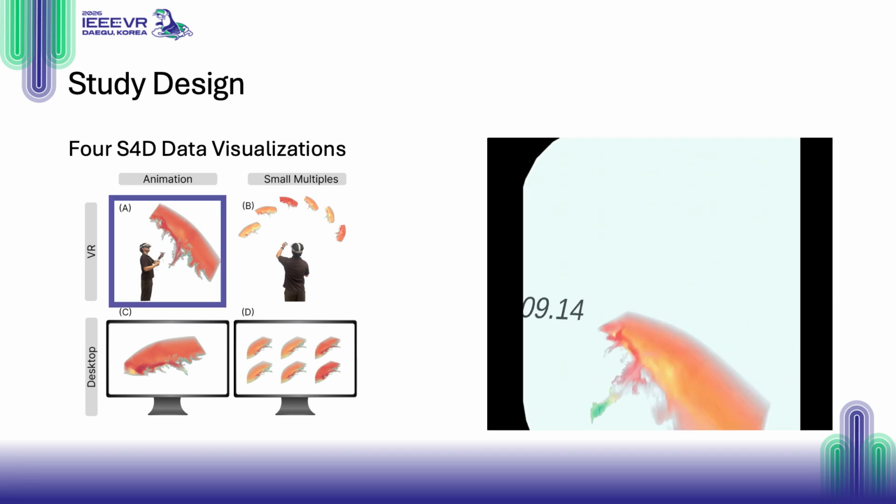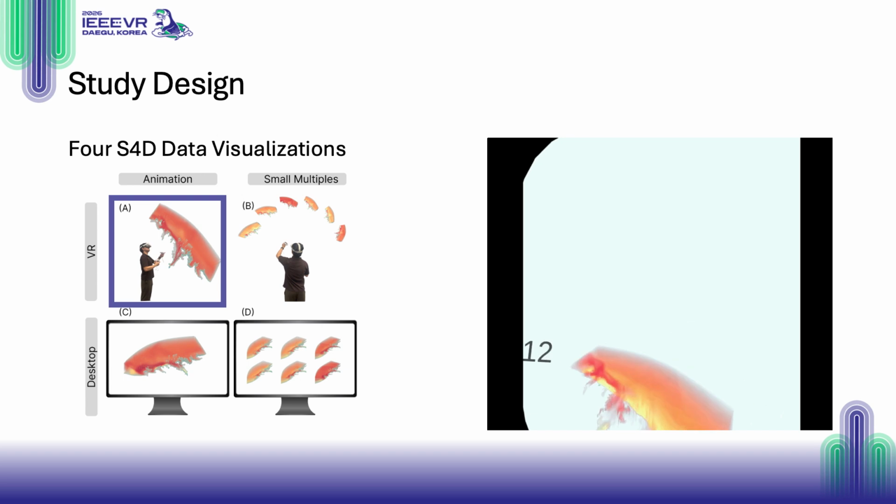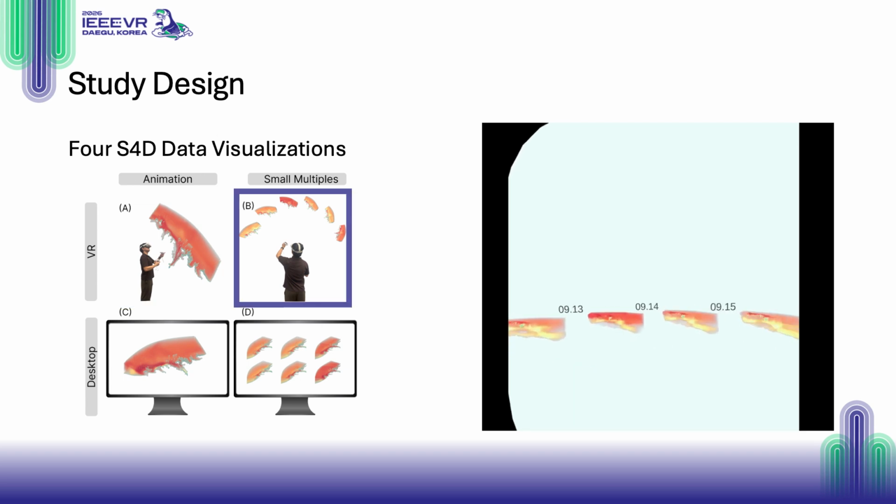For VR animation, all S3D cubes are placed in the center of the field of view. Each cube appears for 1 second before disappearing. For VR small multiples, multiple S3D cubes are arranged in a horizontal half circle wrapping around the user.